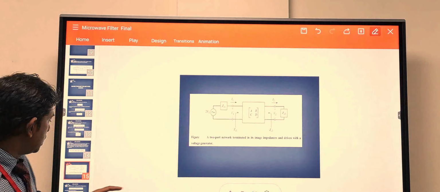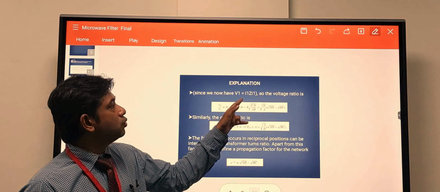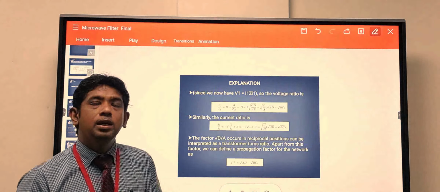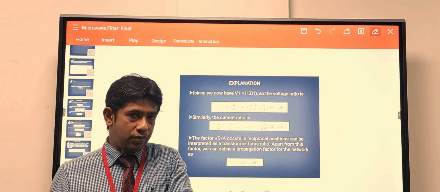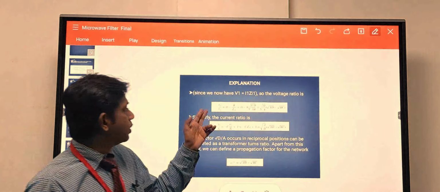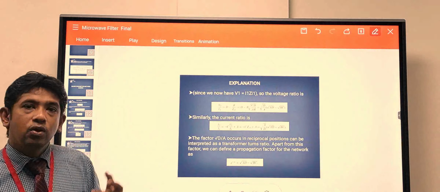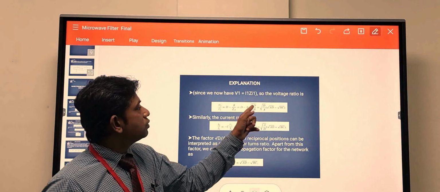So how do things change, we can see now. Since now we have V1 is equal to I1 ZI1, the voltage ratio will be, obviously, the input portion and the other portion represented by V1 and V2. So V2 by V1 is equal to D minus B by ZI1, which we already know. That is D minus B times the square root of CD by AB.